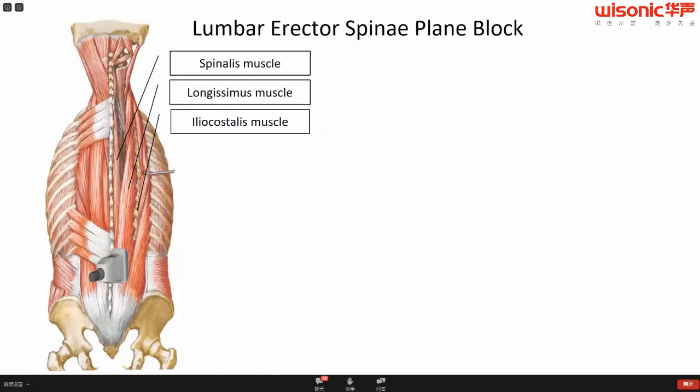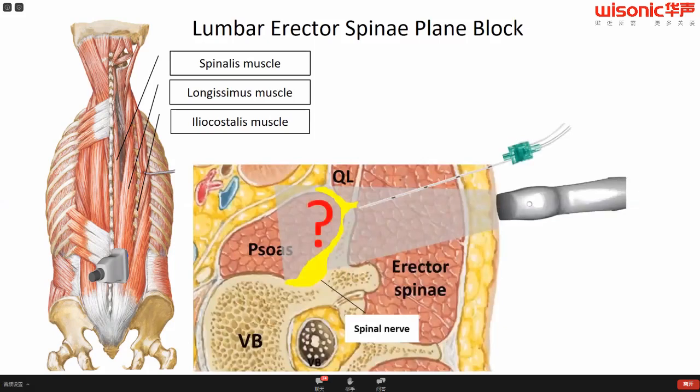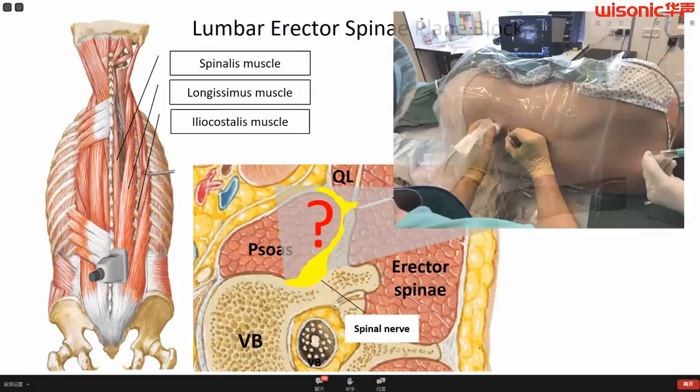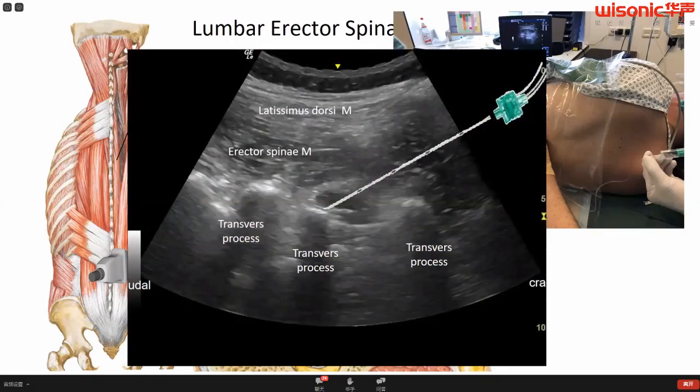Erector spinae plane block can also be done in the lumbar area. For this area, you need a convex probe because it's a deeper block. You advance the needle to the transverse process and you inject your local anesthetic to block the nerves of the lumbar plexus. This is an example of the patient in the lateral position, and this is the ultrasound picture that you can expect.